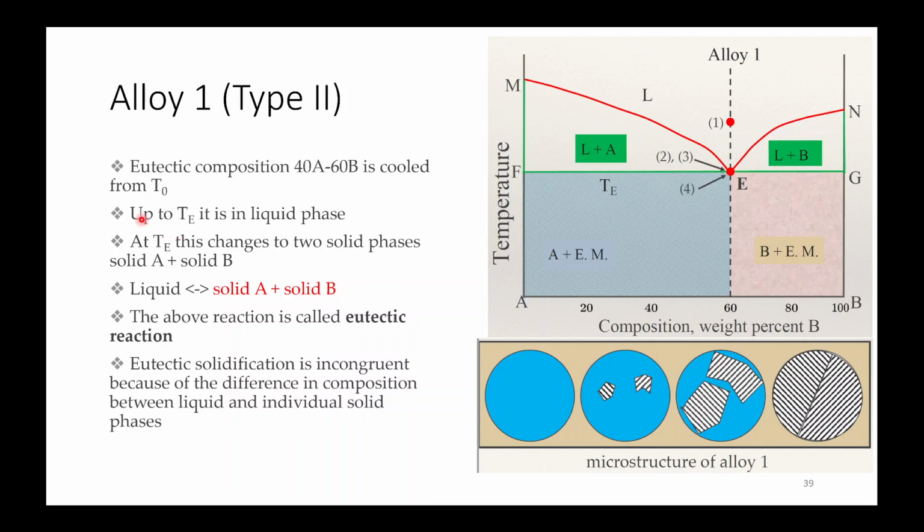So at TE this changes to two solid phases, solid A and solid B, and it will form in the form of alternating layers. So liquid will convert into solid A plus solid B, and the above reaction is called eutectic reaction. And eutectic solidification is incongruent because of the difference in composition between liquid and individual solid phases.